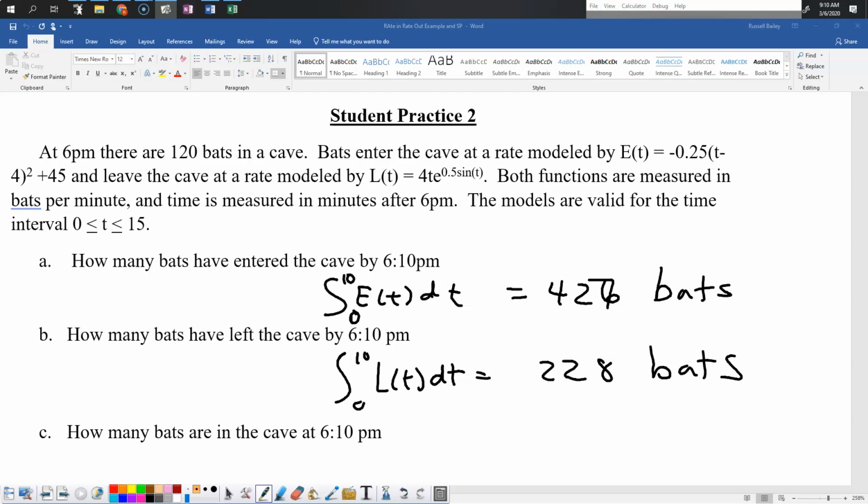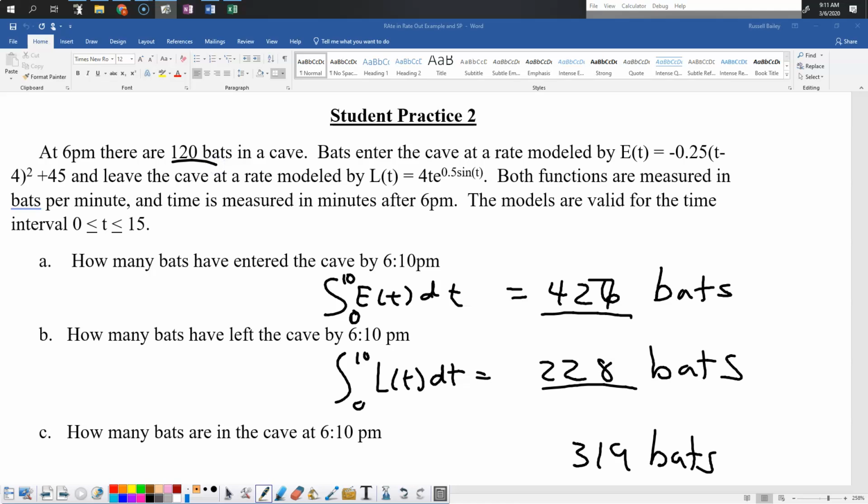Graydon, part C. Sure. 300 and what? What do you guys think? We're good? Okay, now the easy way to do that is to take the number of bats that went into the cave, subtract from it the number of bats that left the cave, and add the starting amount in there as well, and you'll get your answer.